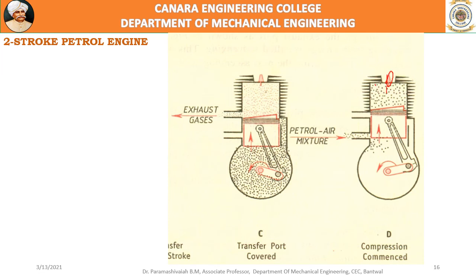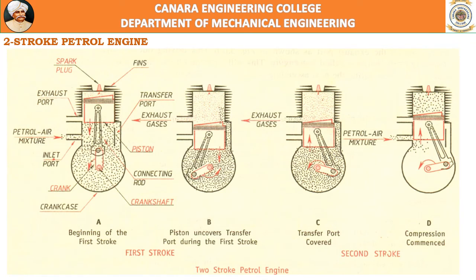Then the power stroke starts, during which suction takes place. The inlet port is opened, and power and suction take place simultaneously. So it completes all four processes, but with only two strokes of the piston and one rotation of the crank. That is how a two-stroke engine works.